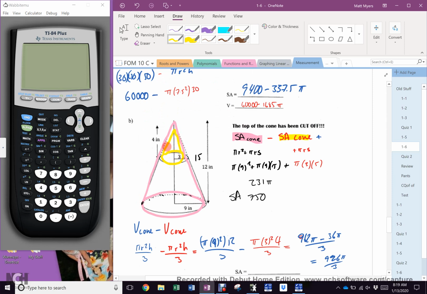But when I cut it off, I made a new surface, yes? So I removed the sides of the cone, pi r slant, but I kept this part of the cone, which is pi r squared. Cool? Everybody understand? I'm taking that as a yes. And volume, of course, big cone minus little cone, because there's no new volume.